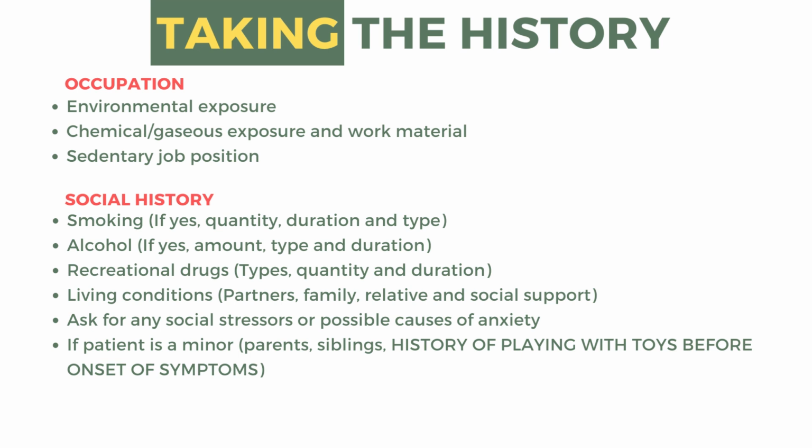You have to find out about the family and living conditions if it's a minor, understanding the situation at home, and if this child is being taken care of, particularly in a situation where you're suspecting foreign body aspiration. Why did that happen? Was the child being watched, or is this child being abused or being neglected?